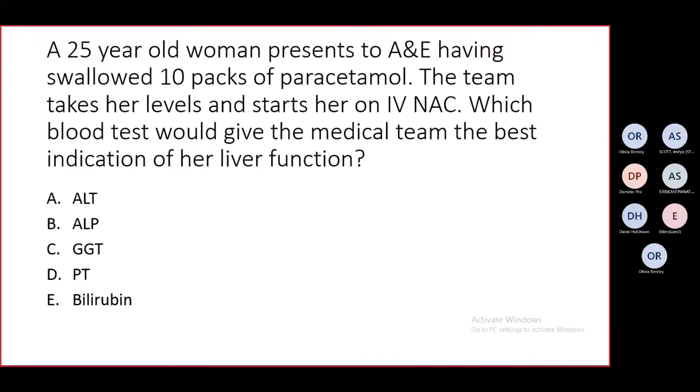Remember, we talked about the function of the liver and your liver function tests not necessarily being exactly the same thing. So what do we reckon? Do we reckon it's A, ALT, B, ALP, C, GGT, D, PT, or E, bilirubin?